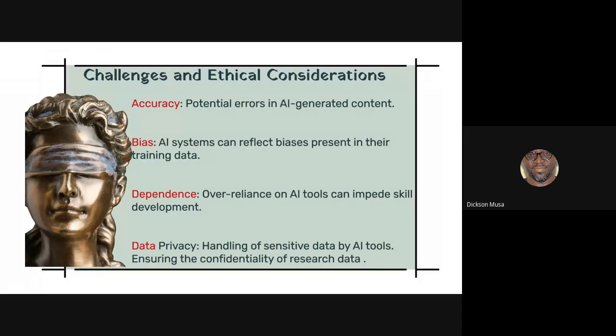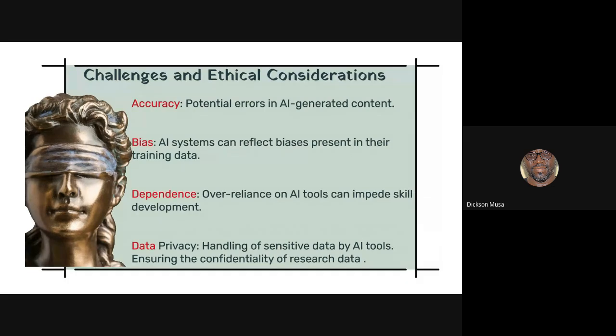For instance, if it has been trained to say that climate change is real, and you're looking for information that contradicts that, you may not get it. So AI has its own bias based on the training it has received. So we have to be able to balance this out.